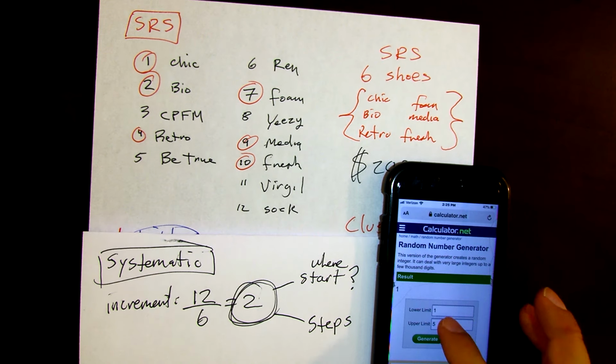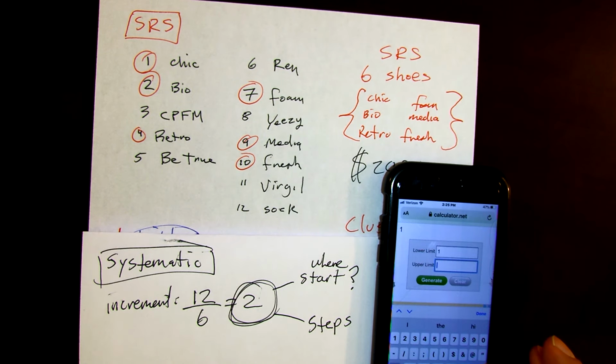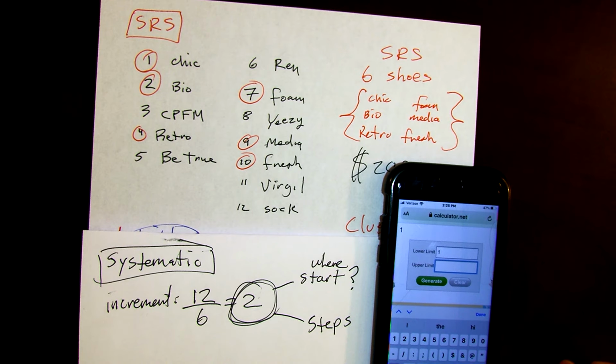One step, 2 step. That's my next selection. I sounded like the Count from Sesame Street. 1, 2, 1, 2. All right. 1, 2. There we go.